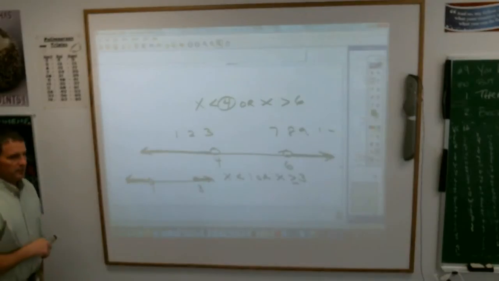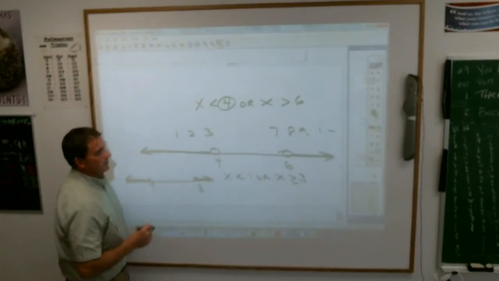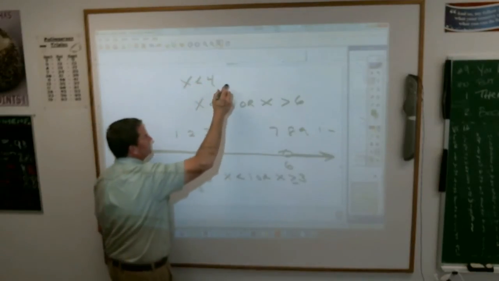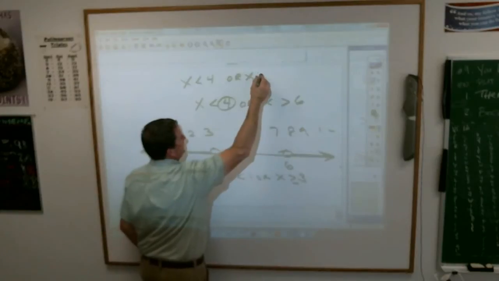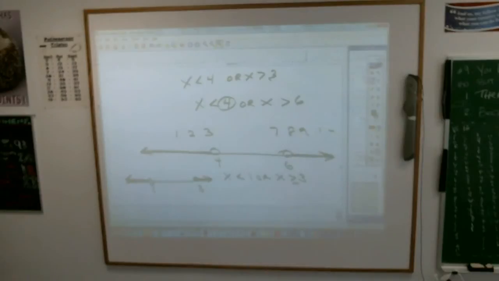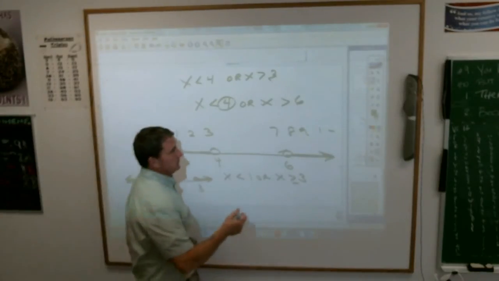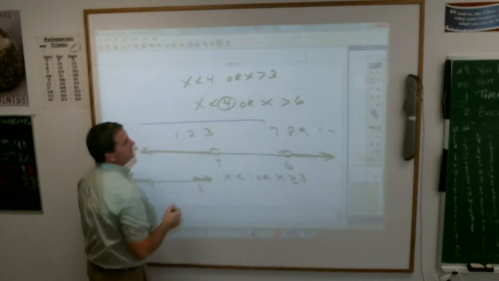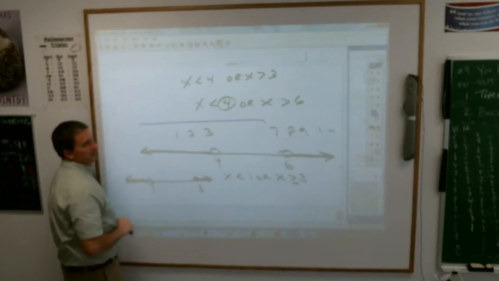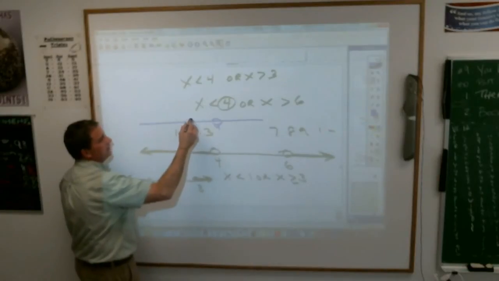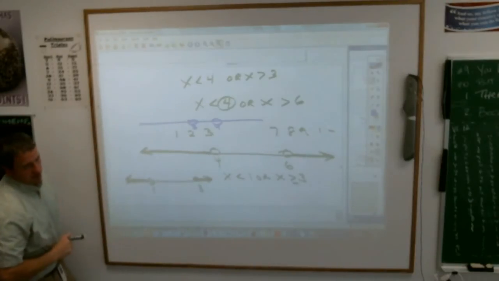Now what might happen every once in a while is somebody might try to trick you and give you something like this. X is less than 4 or x is greater than 3. What's going to happen there, Jake? Let's look. If you graph this, you might tend to think 4, open circle, 3, open circle, and they go in opposite directions.